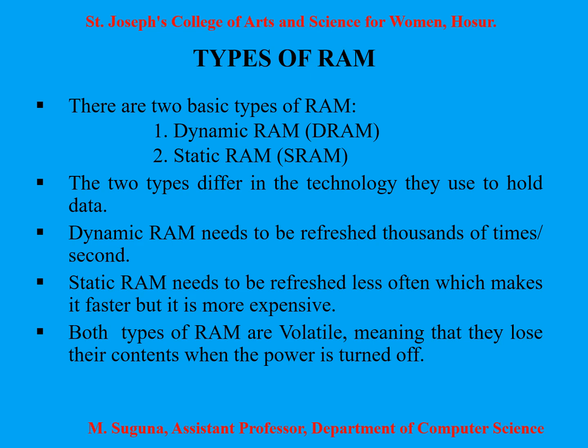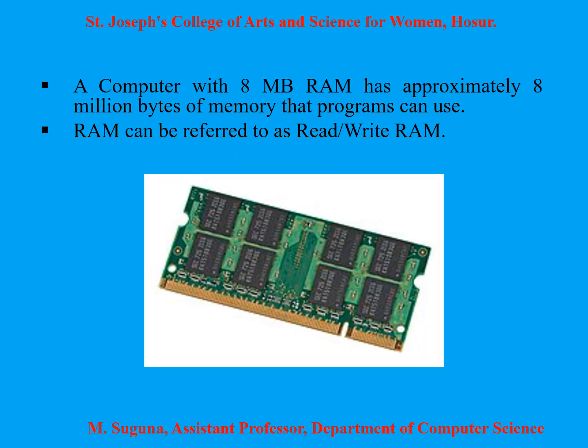Both types of RAM are volatile, meaning that they lose their contents when the power is turned off. See here in the diagram, it is the RAM, that is random access memory. A computer with 8 MB RAM has approximately 8 million bytes of memory that programs can use. RAM can also be referred to as read or write RAM.